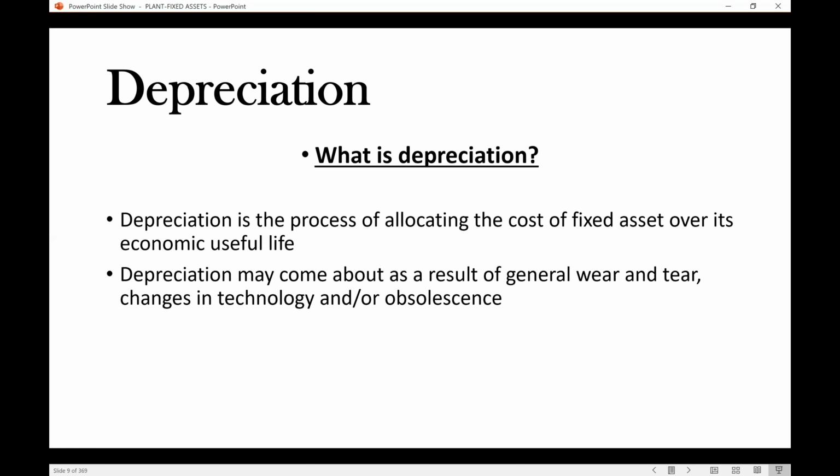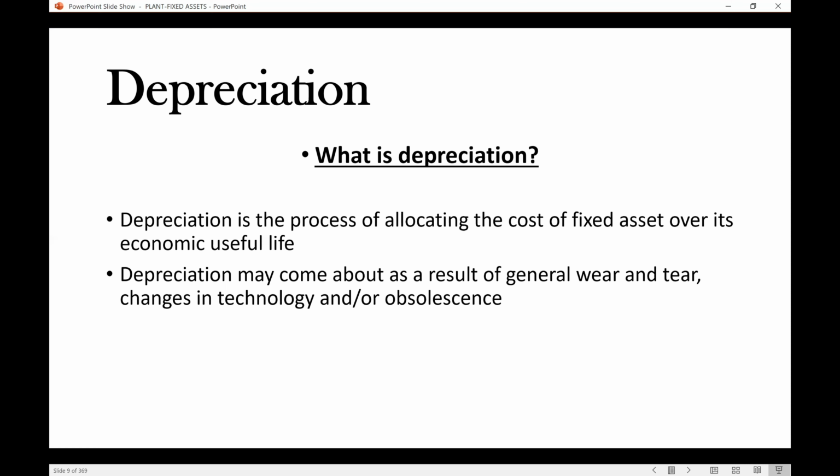The value will not be the same, right? There are parts of it that might stop functioning, that need to be repaired. So we have to consider the wear and tear of using these items, and not just using these items, but changes in technology. So, you know, after a few years, this software might be outdated.